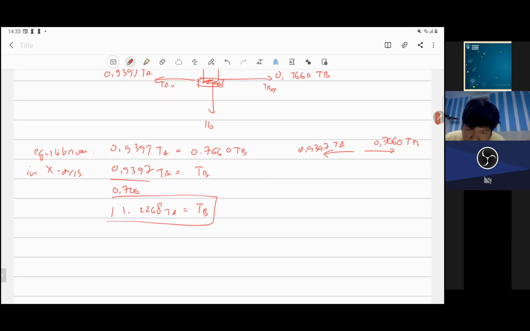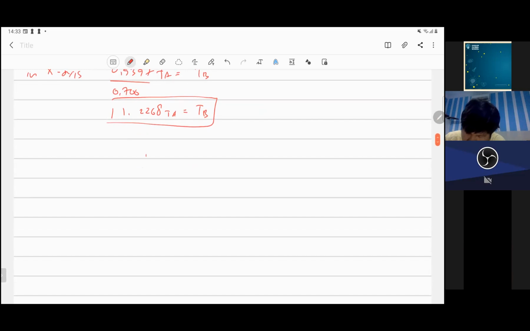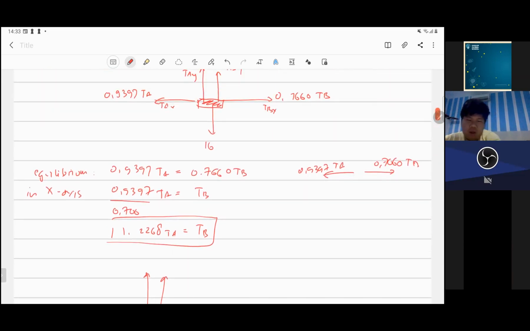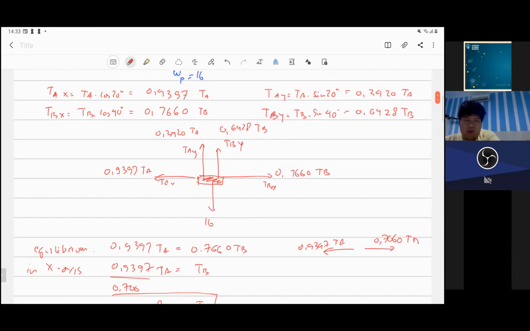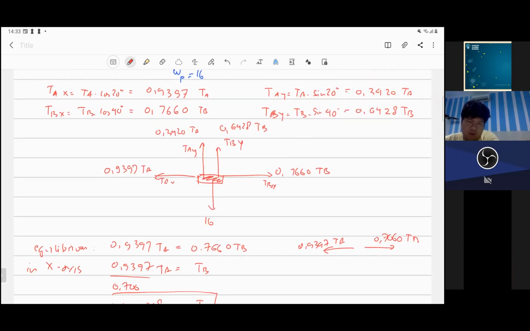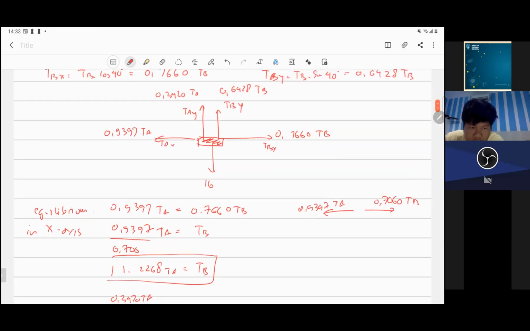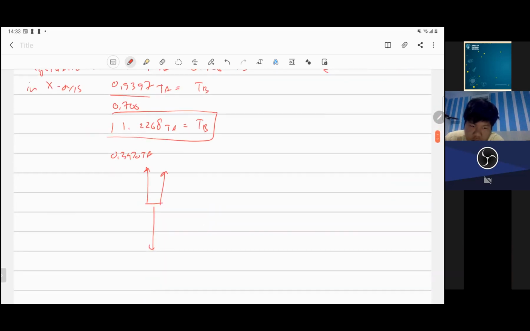Now let's do the vertical. In the vertical, we have three forces, two up and one down, sorry. The up is 0.3420 TA, and also 0.6428 TB.